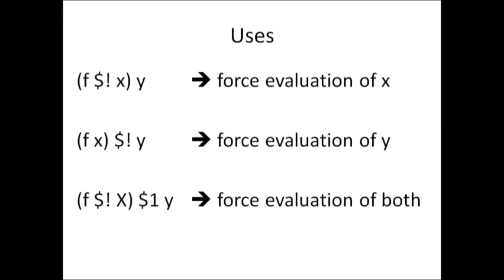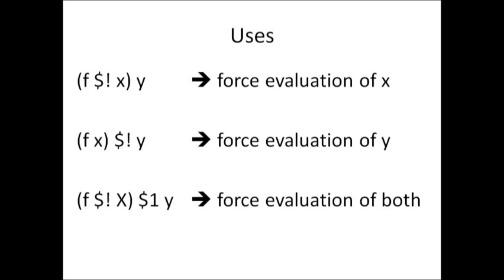If I have a binary function and I want to force the evaluation of the first argument, I write f $! x applied to y, and looking at this definition, this will force the first argument to be evaluated. If I want to force the evaluation of the second argument, then I just write f of x $! applied to y.